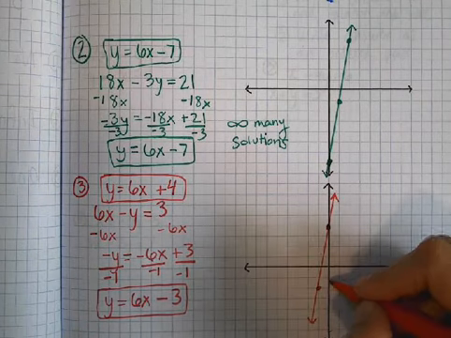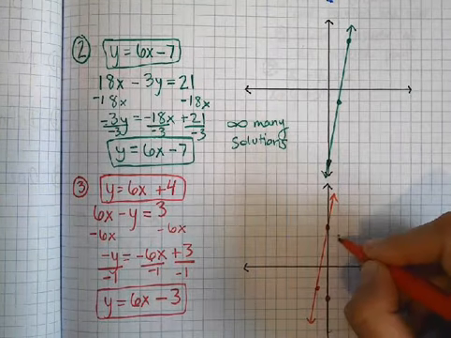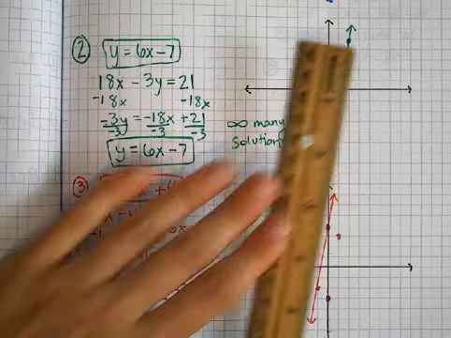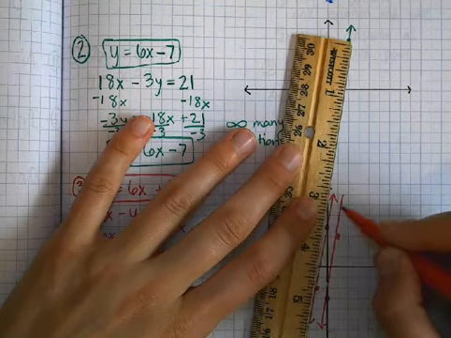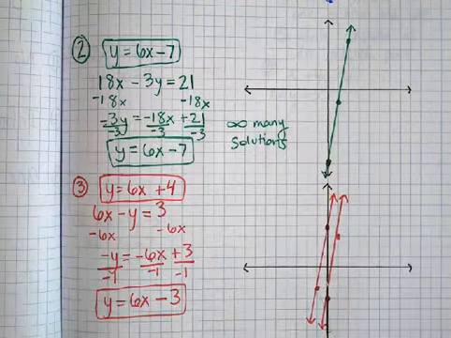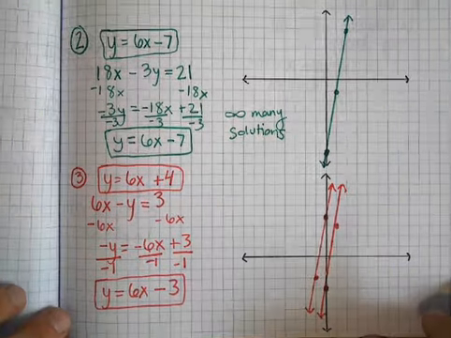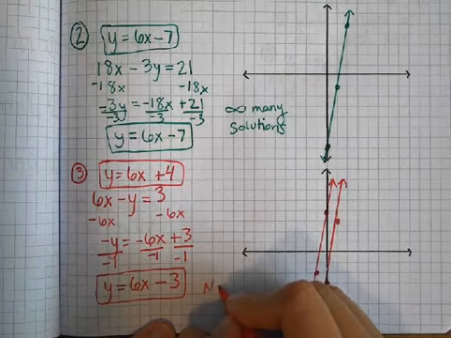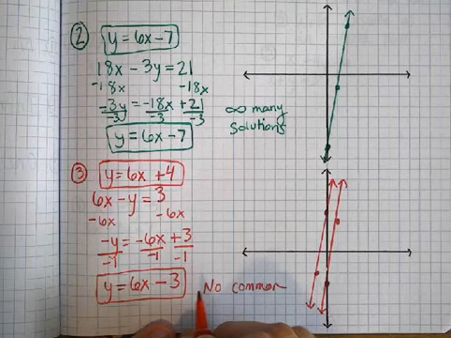Our next one, our y-intercept is at negative 3, and I'm going to go up 6 over 1. Now here we've got two parallel lines. These guys are never going to intersect. So we have here no common solution.